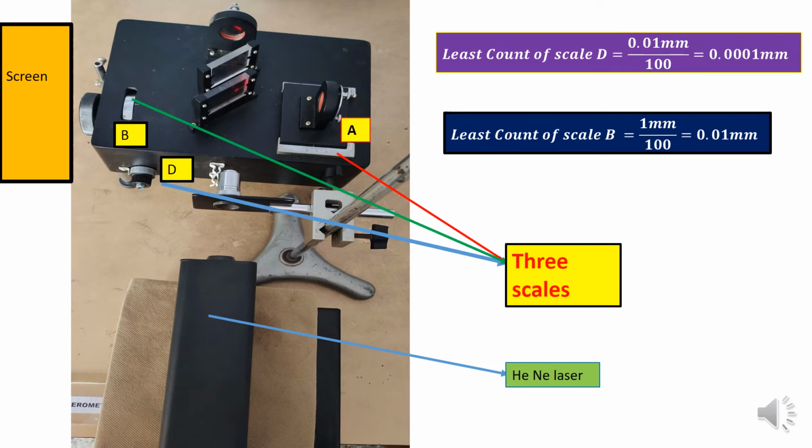Beams traveling from both sides will match on the screen. How they match we will discuss later on. This is the least count of the scale D, and this is the least count of the scale B also. D we will move to see the shift in the fringes.